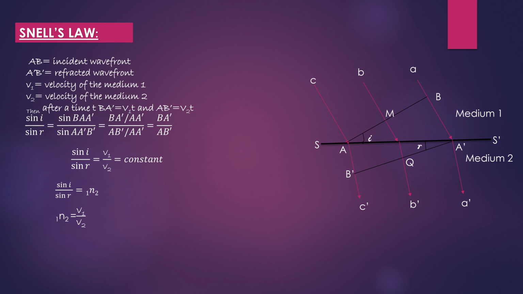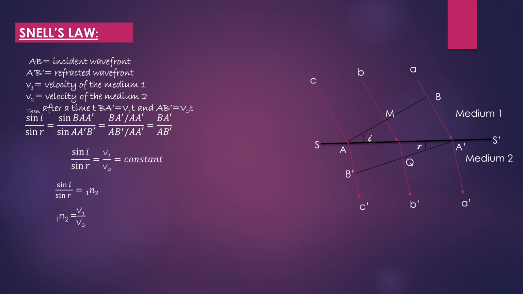Now, that is not variable, that is constant. We'll write V1 by V2 is equal to constant. That means sine I by sine R is equal to constant, which is 1n2.